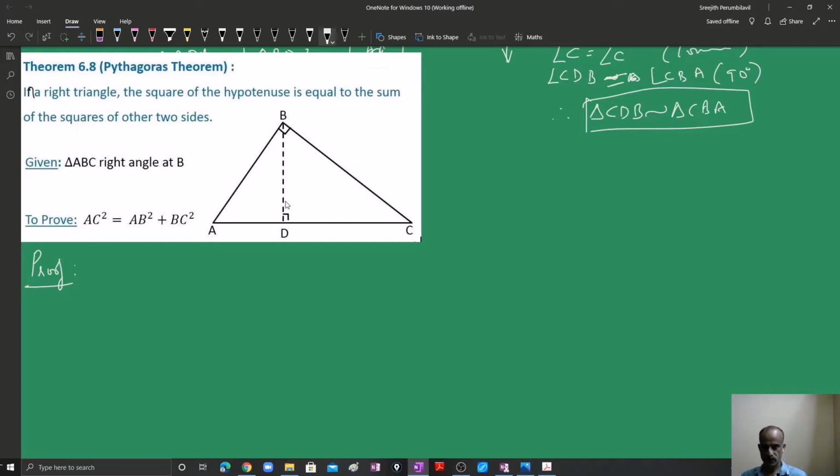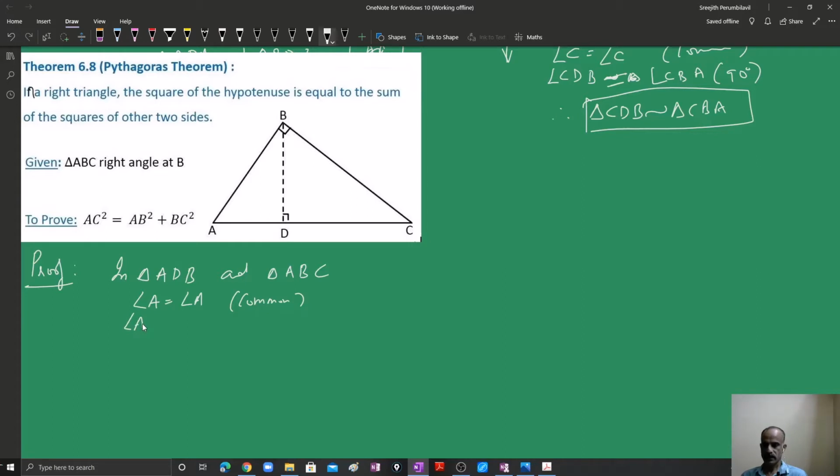Of course, one is a smaller triangle and the other one is a larger triangle. The smaller triangle is ADB. In triangle ADB and triangle ABC, I took one smaller, one larger. Angle A is equal to angle A, common.